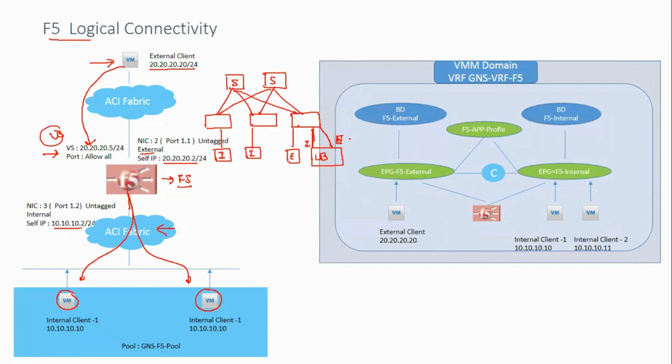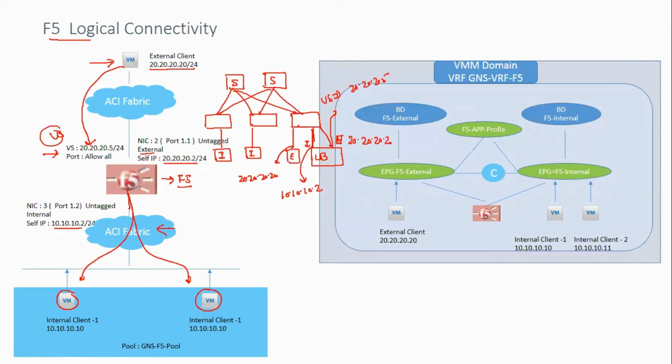The external interface has an IP 20.20.20.2. The internal interface has an IP 10.10.10.2. Your external user has an IP address 20.20.20.20, and there is a VIP here which has the IP address 20.20.20.5.